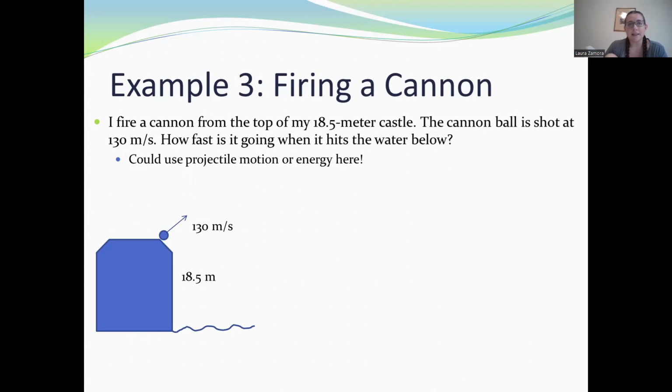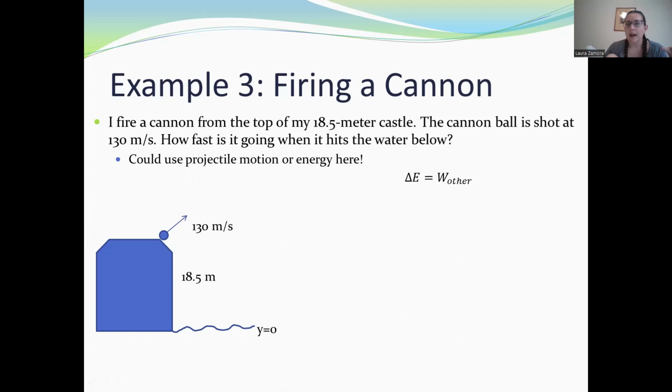We know that it is at a height of 18.5 meters. And just for the sake of convenience, I'm going to have the water level be my reference height of 0. Okay, so using this energy method now, the change in the energy is going to be equal to any of those outside forces, the external forces that we're not considering.